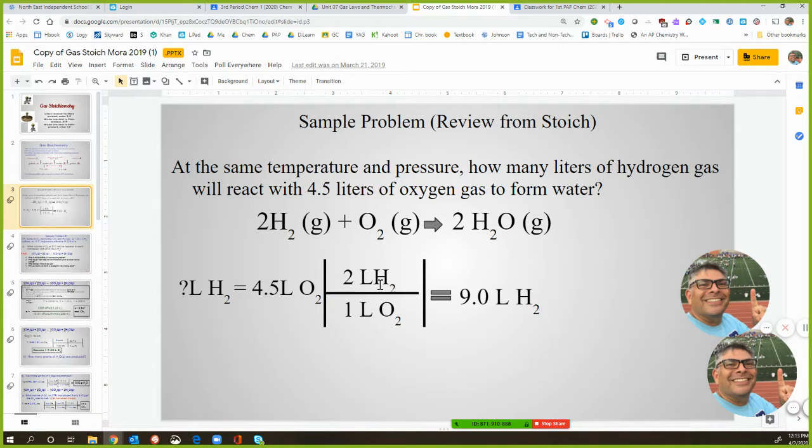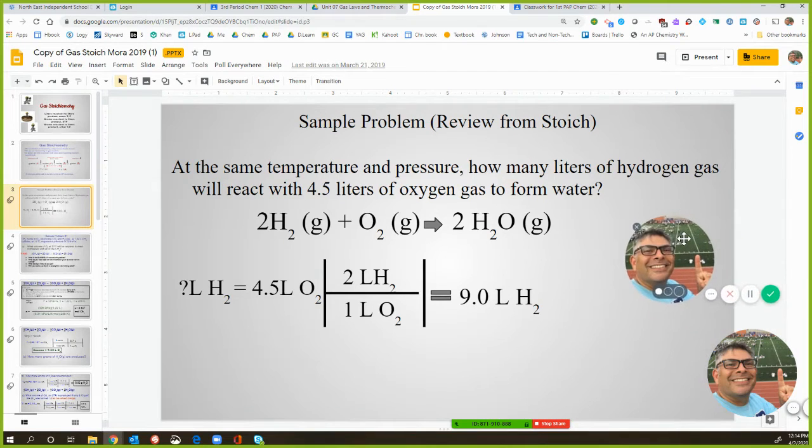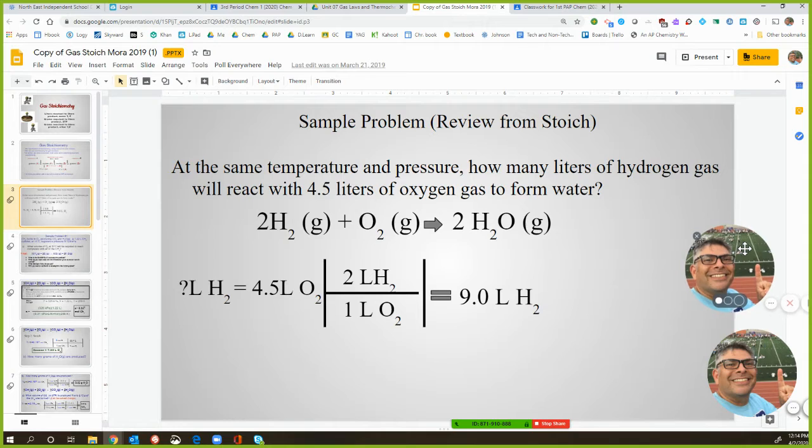Because we're at STP, we can just use the numbers from the balanced chemical equation, and it's basically 4.5 times 2, which gives you 9. So if you get a liter to liter question, it's simple. It's just the mole ratio from the balanced chemical equation, but you always have to check to make sure that your chemical equation is balanced.